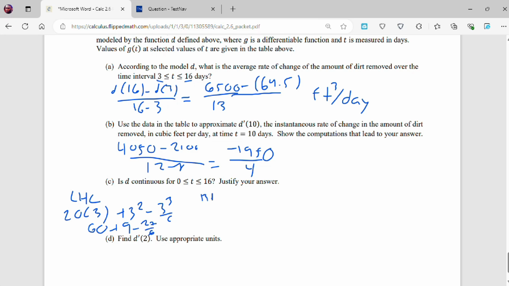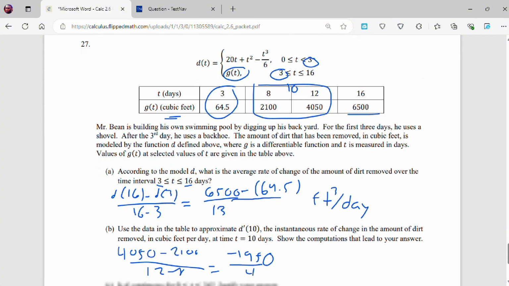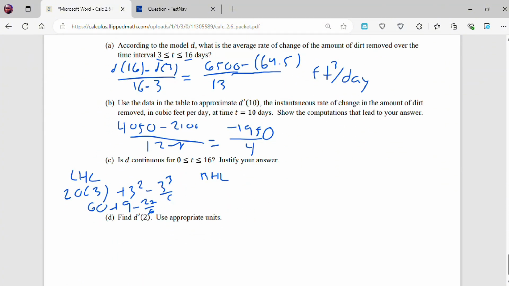Right hand limit is going to be g(3). g(3) is 64.5. So now we have to set them equal to each other. 69 minus 27 over 6 equals 64.5.